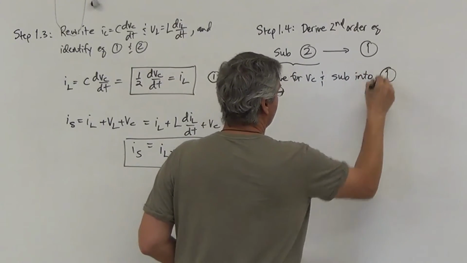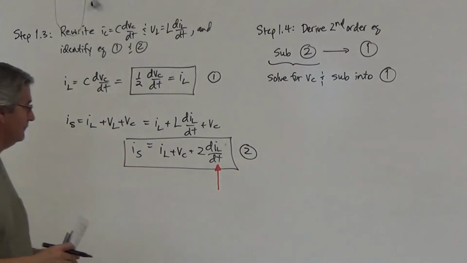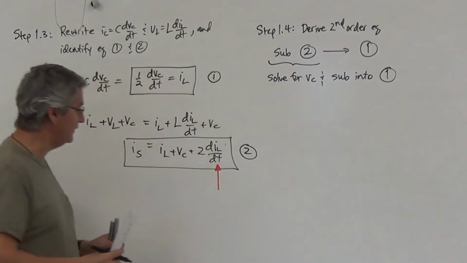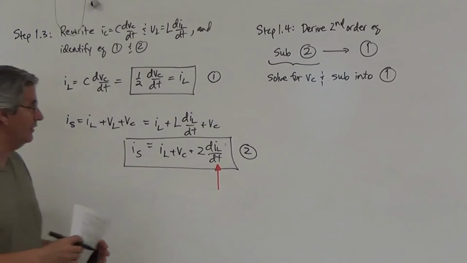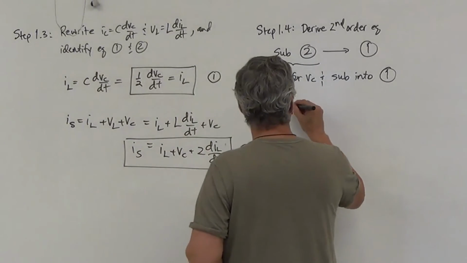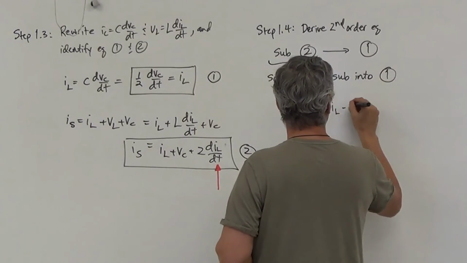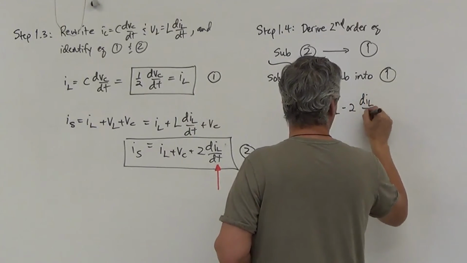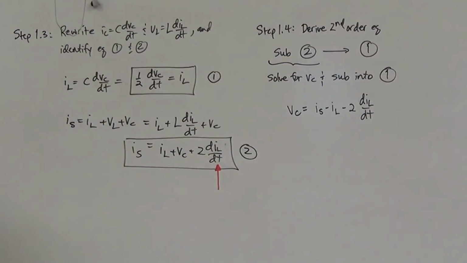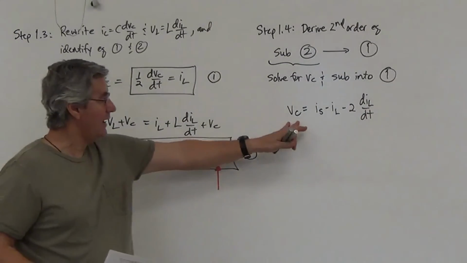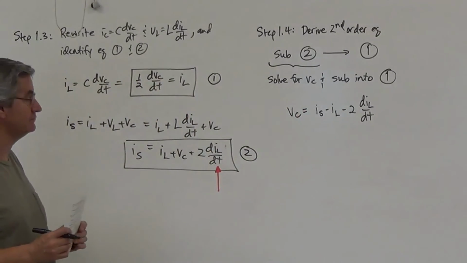So starting with equation 2, if I solve for VC, you can see that I've got to take this term over here, that term over here. So then VC is going to be IS minus IL minus 2 di/dt. There's equation 2. And then I plug this directly into 1 for VC.